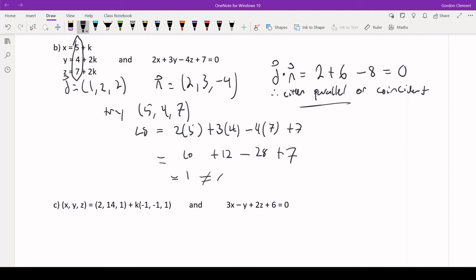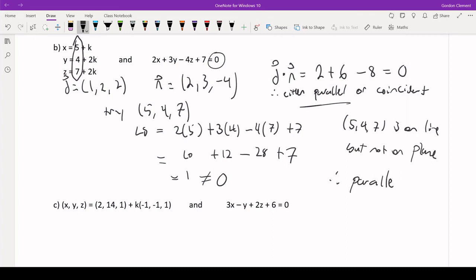So that's 1, which is not equal 0, which it should be because that's the right side of the plane. So that means 5, 4, 7 is on line, but not on plane. Therefore, since we've already done the analysis, we know that the line is parallel to the plane, and we get no solution.